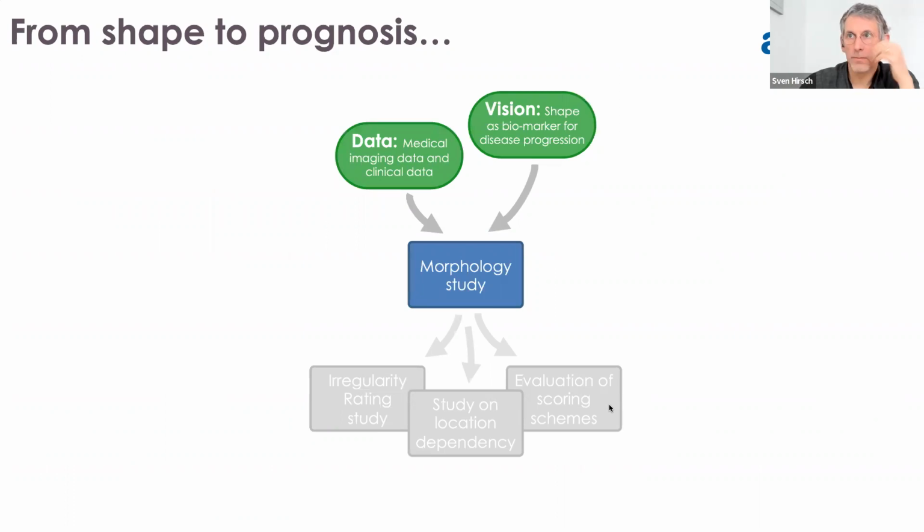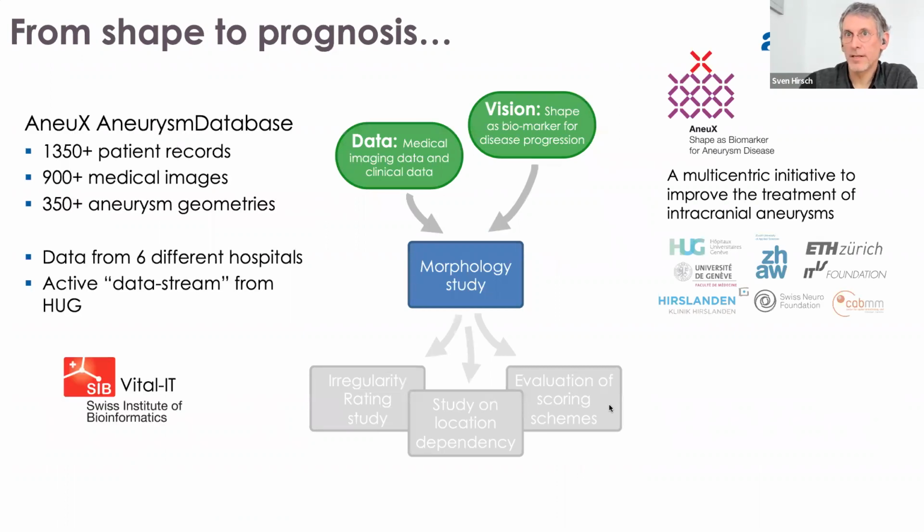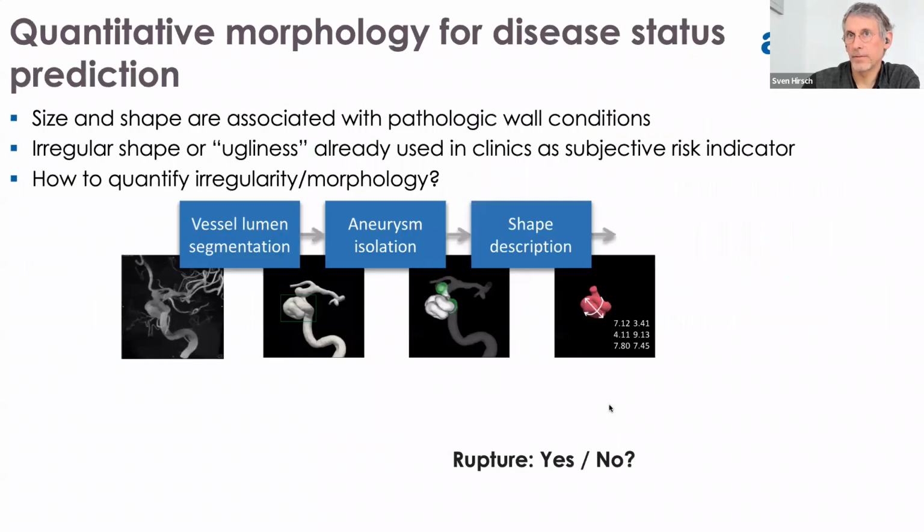Okay, so what we did was we looked at the medical data. You saw these surfaces that we extracted, and our vision was to take shape as a biomarker for disease progression. That was a big study we did with a lot of centers, and we gathered a lot of aneurysms. We wanted to look at what we call the morphology, the appearance of these aneurysms.